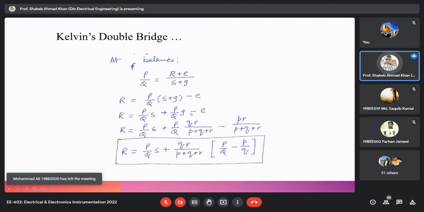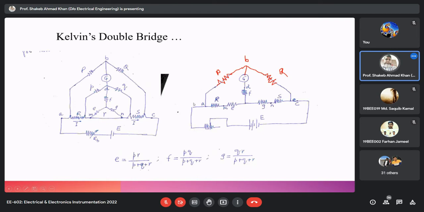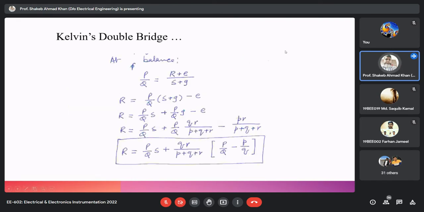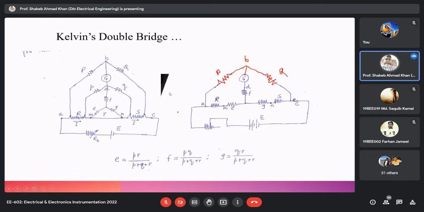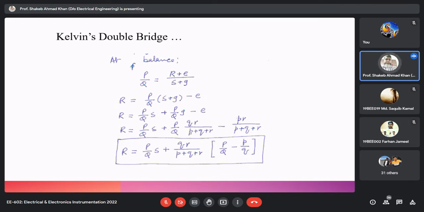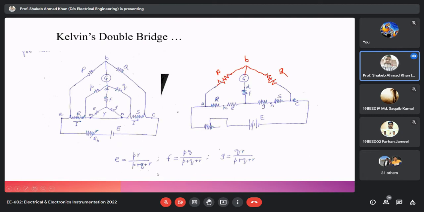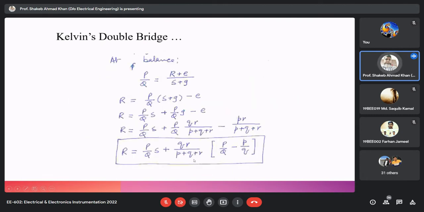As far as F, G and E are concerned, they are not original bridge parameters, because we transformed them just to simplify the circuit so that we can find the balance equation. So then we put the values of G and E from this transformation formula, and we put them here. So this is the balance equation for the Kelvin's double bridge.